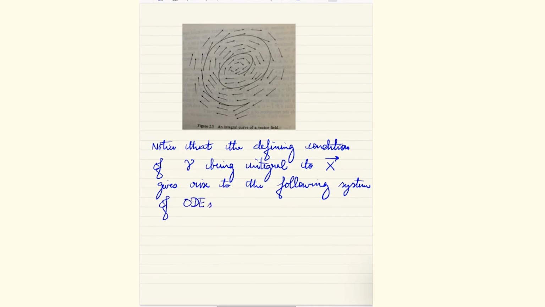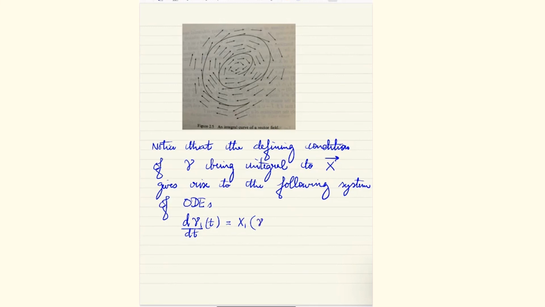I'll write the ODEs down and then maybe stop. So, each component: I look at d gamma 1 by dt at the point t, or t naught if you wish. This should go to the first component on the right-hand side. What will that be? That will be X1 of, recall that X1, ..., X(n+1) are the component functions of the map X associated to the vector field X with the arrow on top.